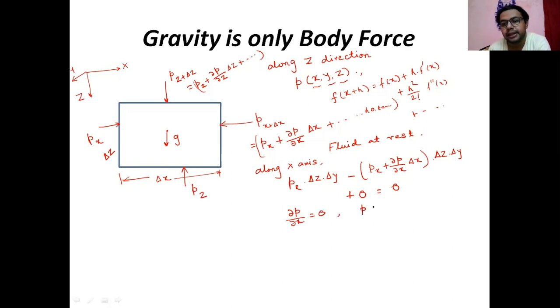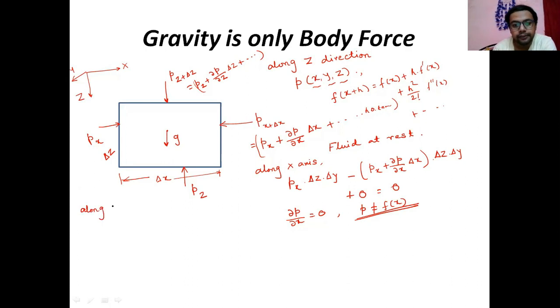That means P is not a function of x. As there is no body force, if you vary x, P will not vary. There is no variation of pressure along the x-axis. So the same Pascal's law is coming back, as there is no body force.